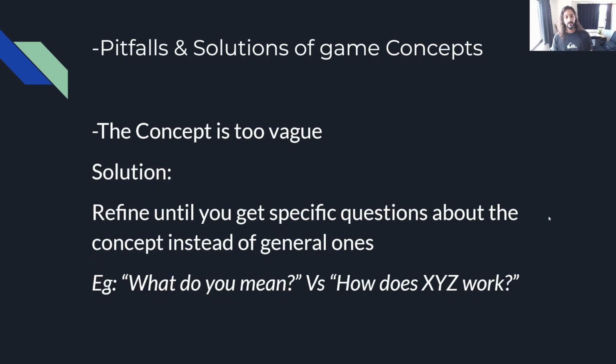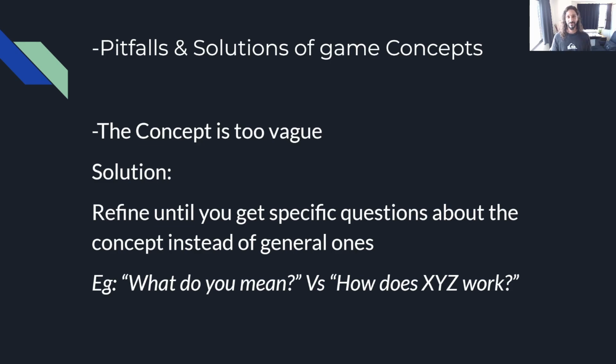So here are some pitfalls and solutions for the game concepts. So the concept can be too vague sometimes. So an example for this is, well, when somebody hears a concept, they ask you, well, what do you mean? So if you said, for example, oh, my game is about football.